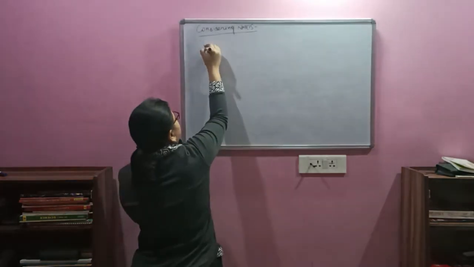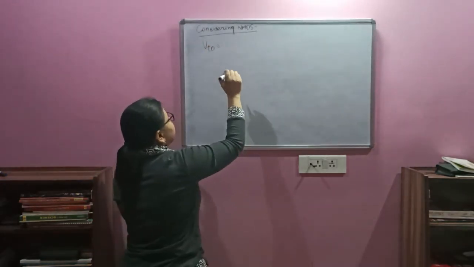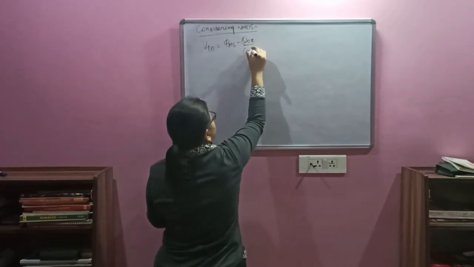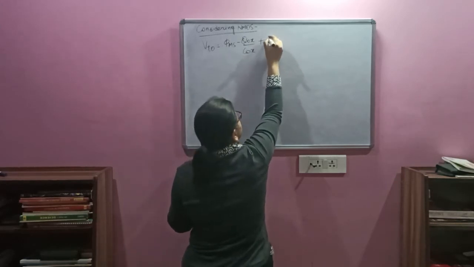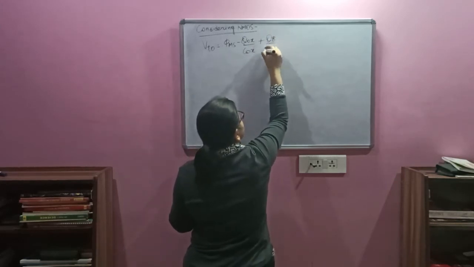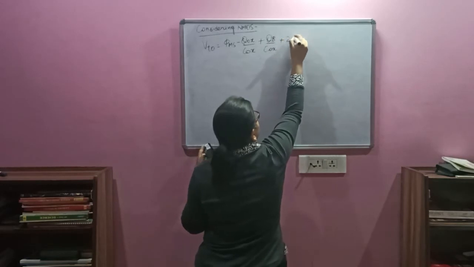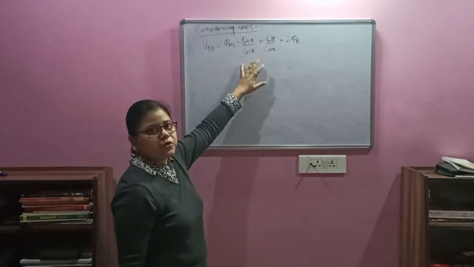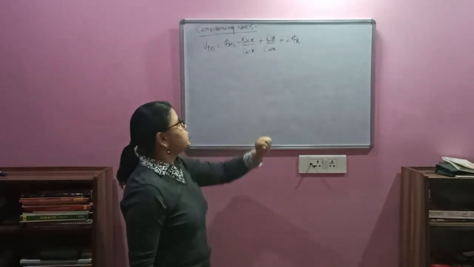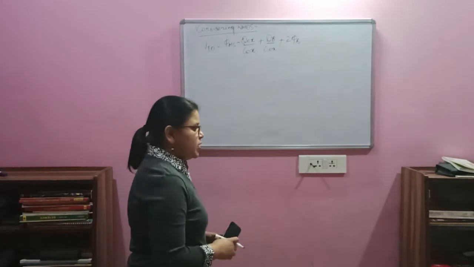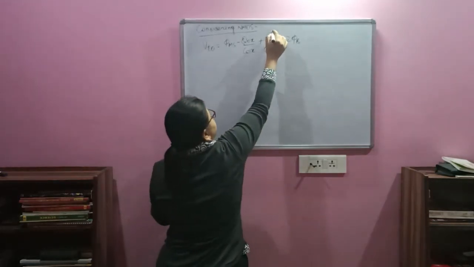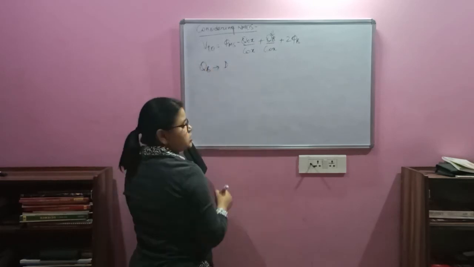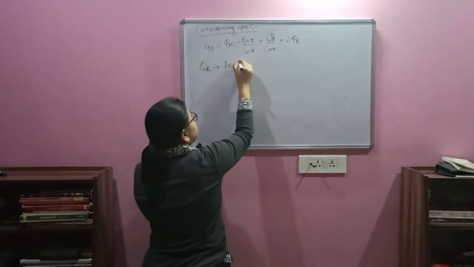Now just now we have seen that the threshold voltage is given by this equation, which is phi ms minus Q oxide upon C oxide plus QB upon C oxide plus 2 phi B. Now over here, this QB, which is of main concern, is known as the bulk charge density or depletion charge.